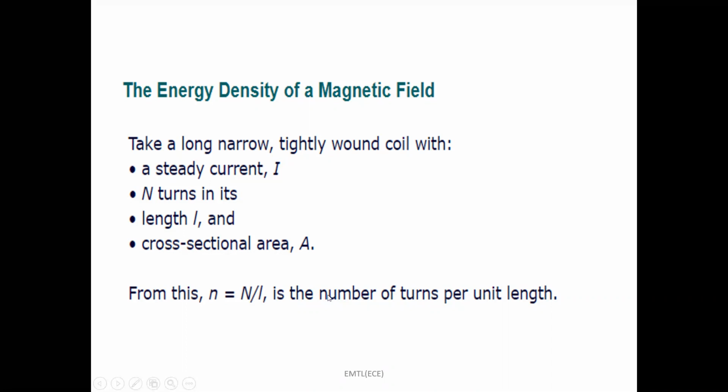That means total number of turns is n and total length is L. Then what is one turn per length? That is small n. Okay.